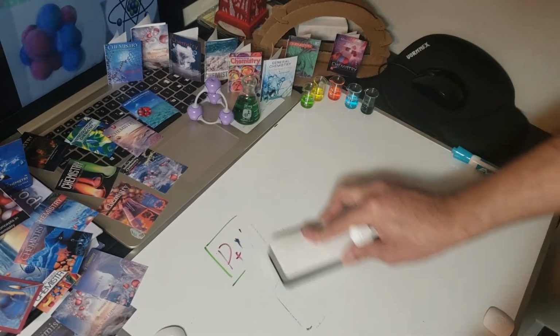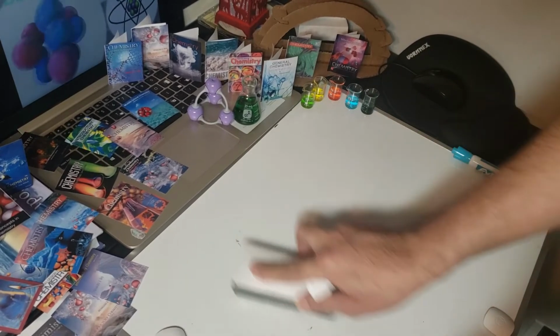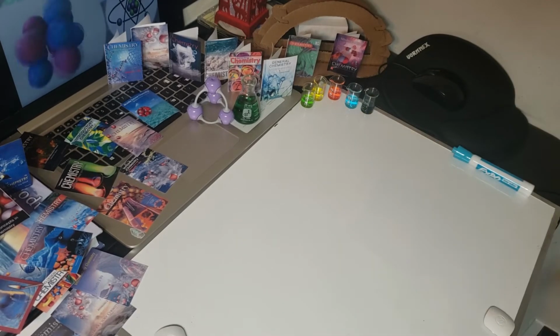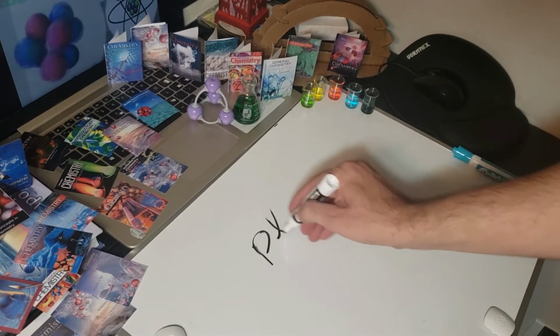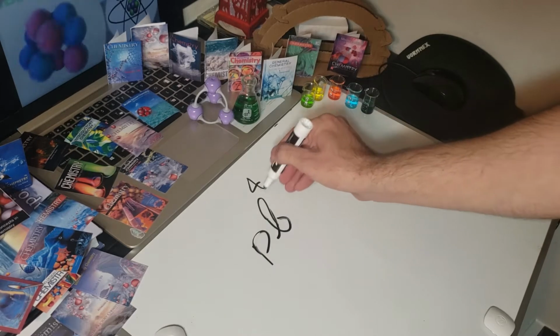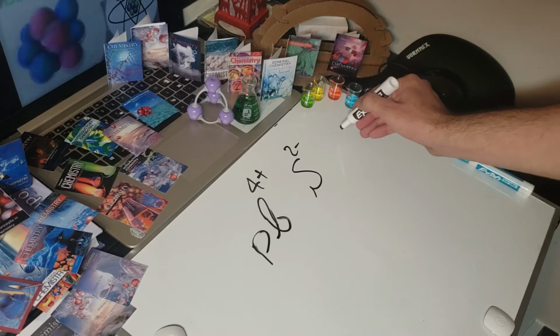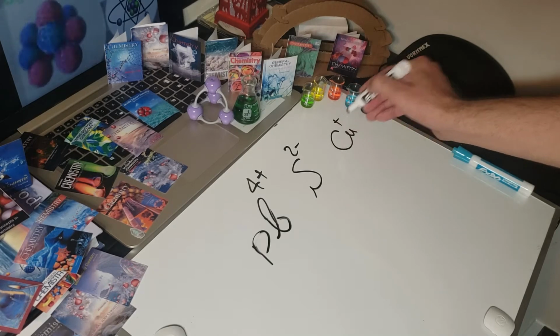Let's talk about specific examples here, so that we can move on to actual problems on isotopes. So Pb 4 plus, sulfur double minus, and Cu plus.